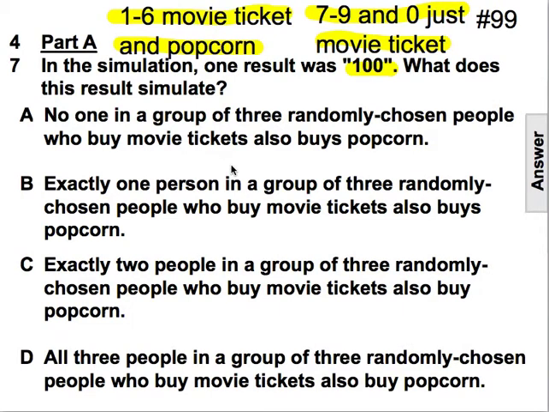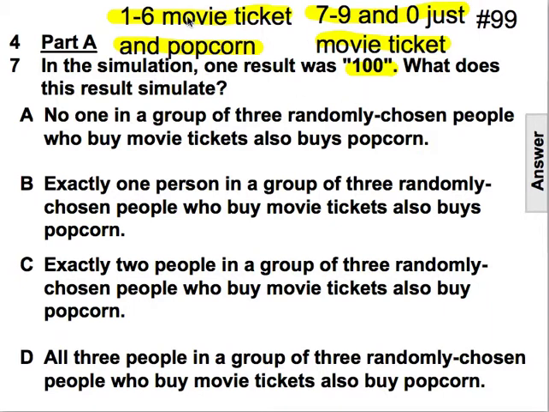And I brought the information over. So remember, numbers 1 through 6, the people bought a movie ticket and popcorn. 7 through 9 and the number 0 just bought a movie ticket. So our question here is one result was a 100. So the first person was a 1, the second person was a 0, and the third person was a 0. So which one does this represent?